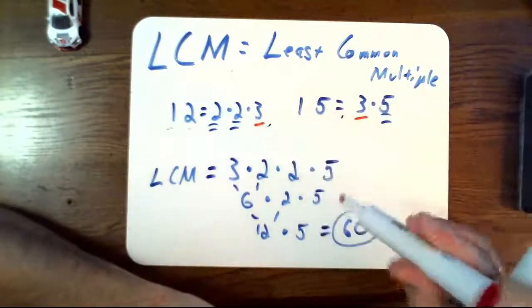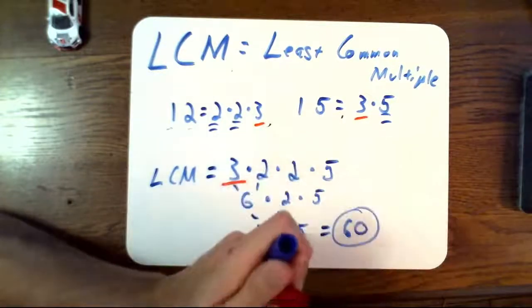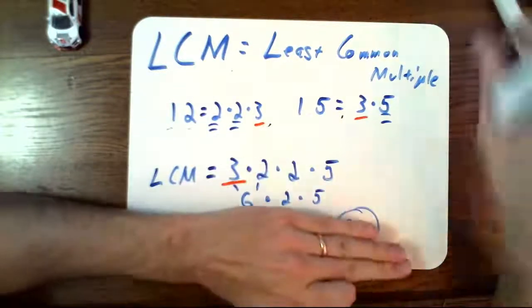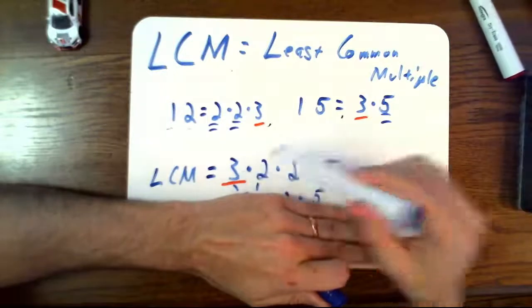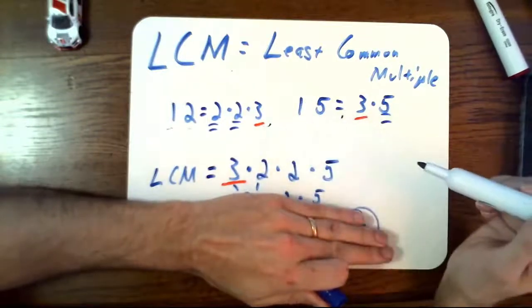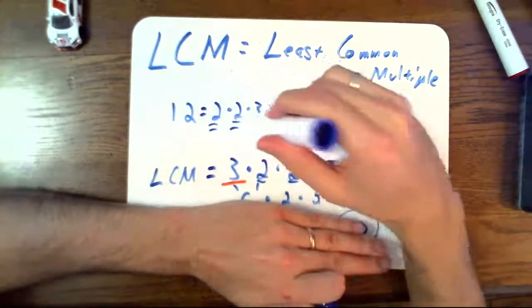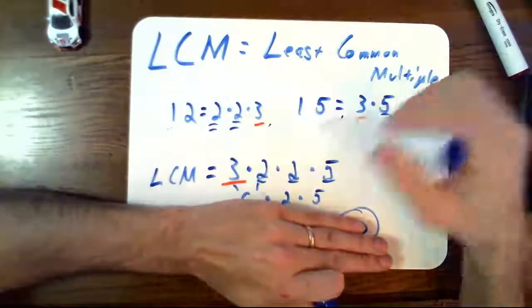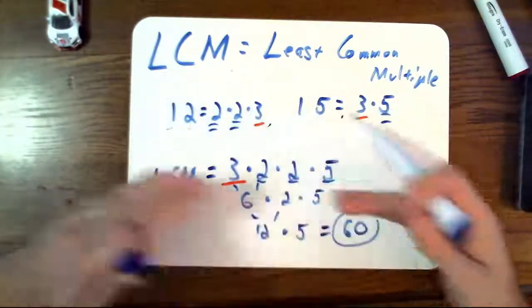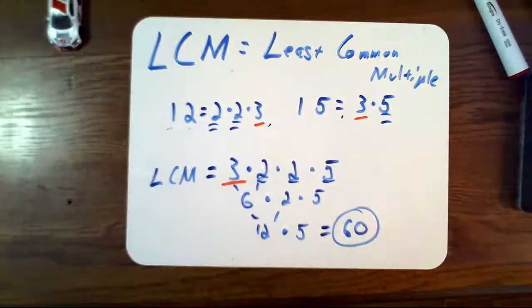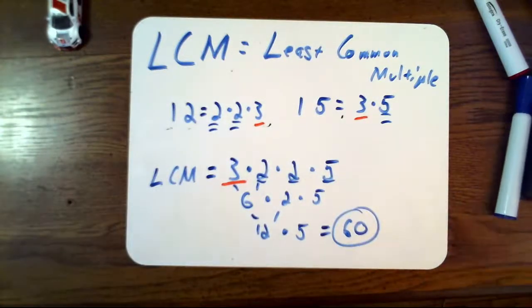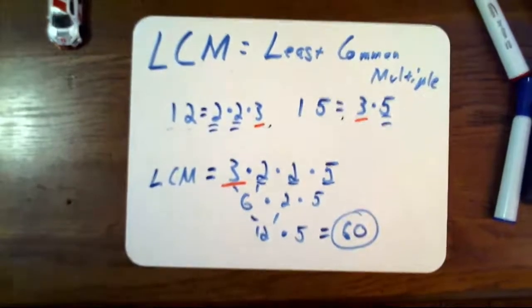Red meaning you only list it once, because it's shared between the two. But then you want to write out all the ones that it doesn't share. Doesn't share 2, doesn't share another 2, doesn't share 5. So you write that out, multiply that, and you'll find your least common multiple.